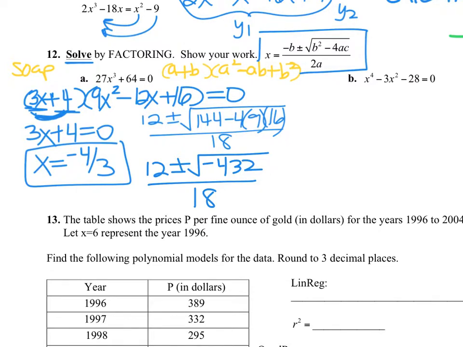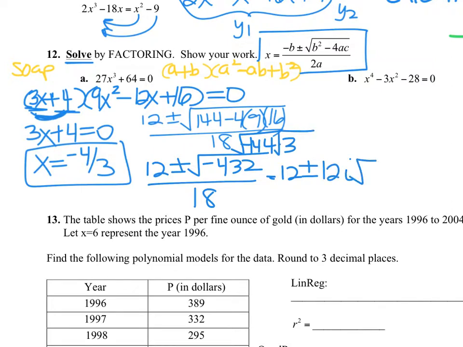But there is a perfect square in negative 432, and it would be negative 144. Negative 144 times 3. So we get 12 plus or minus the square root of negative 144 is what? 12i, good.